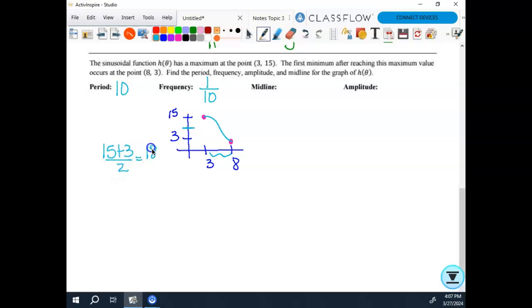That would give me 18 over 2, which is 9. So it's right here, y equals 9. You can double check yourself. 9 is 6 away from 15, 9 is 6 away from 3. So I'm in the middle there, and that means my amplitude then is 6.